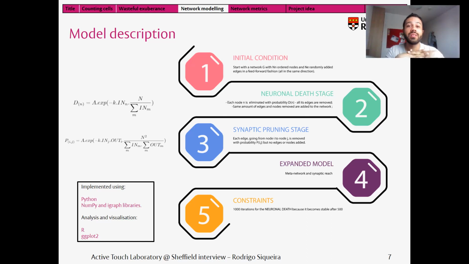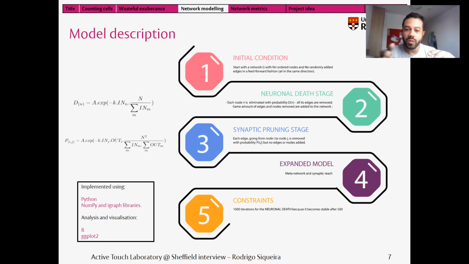After that, we do the same rationale step, but now for the synapses. So we also cut off synapses according to how well connected or not that neuron is.